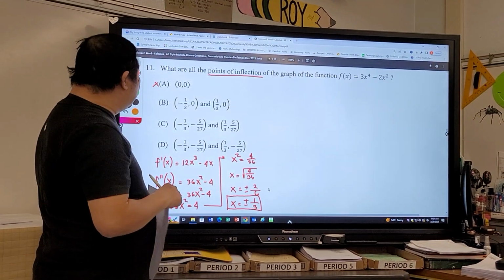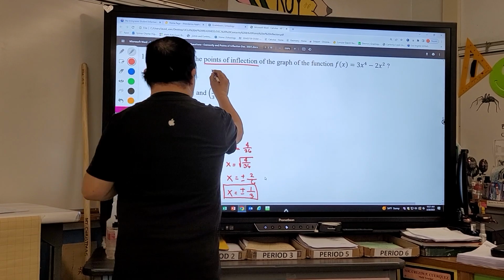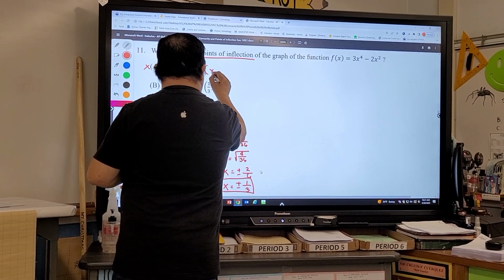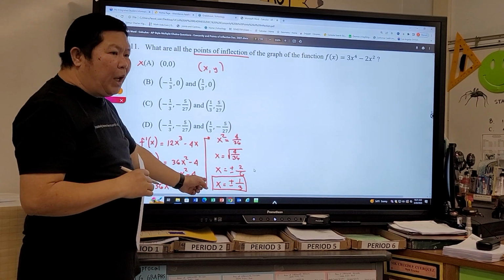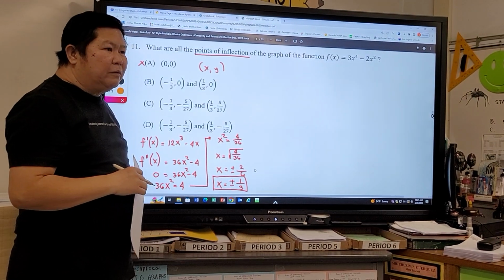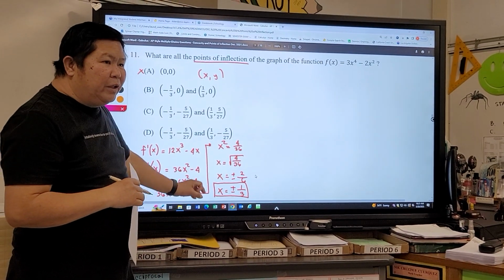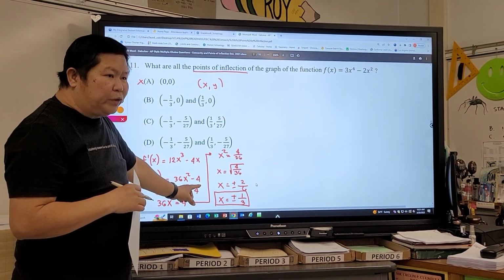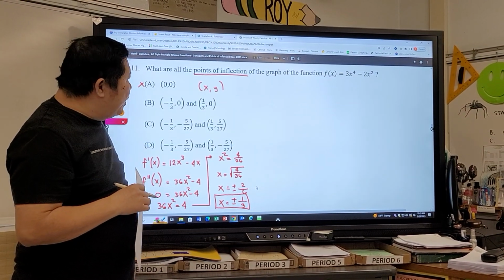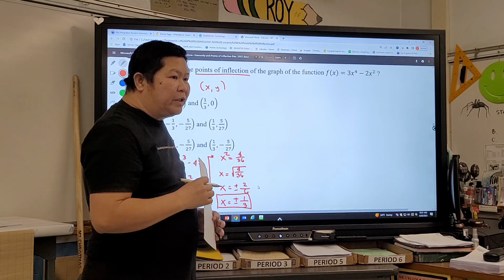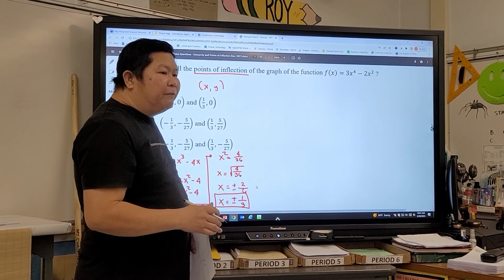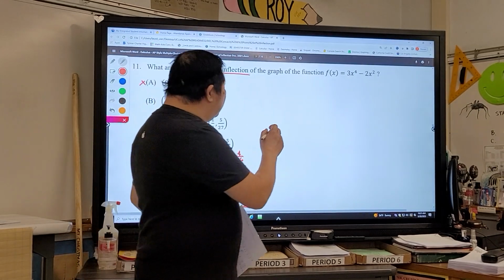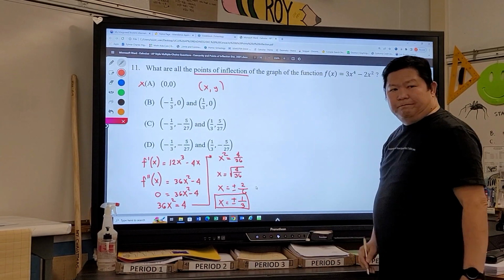So that means in the coordinate there must be x and y, right? So what we are after now is to plug into the original function f of x. Take positive 1/3 as the value. Remember, f of x is considered to be y, right? Can you plug in 1/3 in this function?